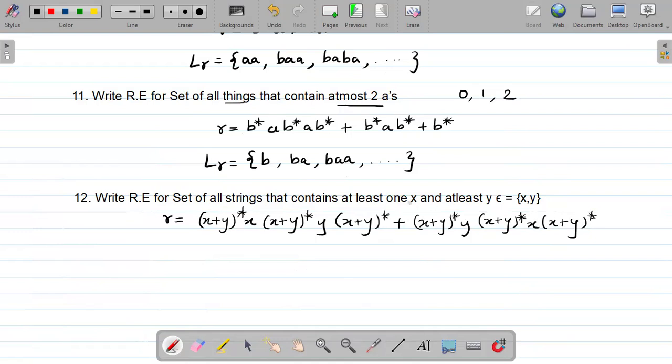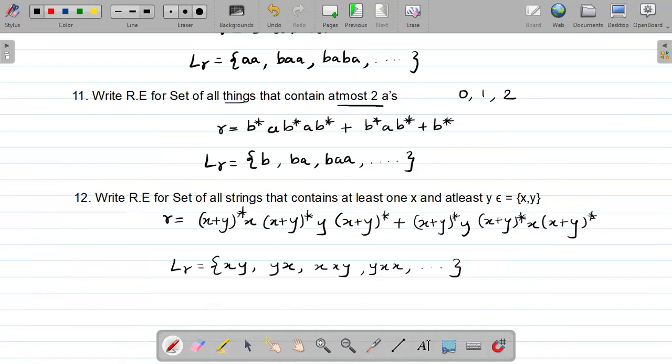Because here we are having one X and one Y. So it can be in the form of first X followed by Y, or it can be in the form of Y followed by X. So the language will consist of XY or YX, or we can have a combination like X, XY, or Y, X, X, something like this. So all numbers of combinations are possible.